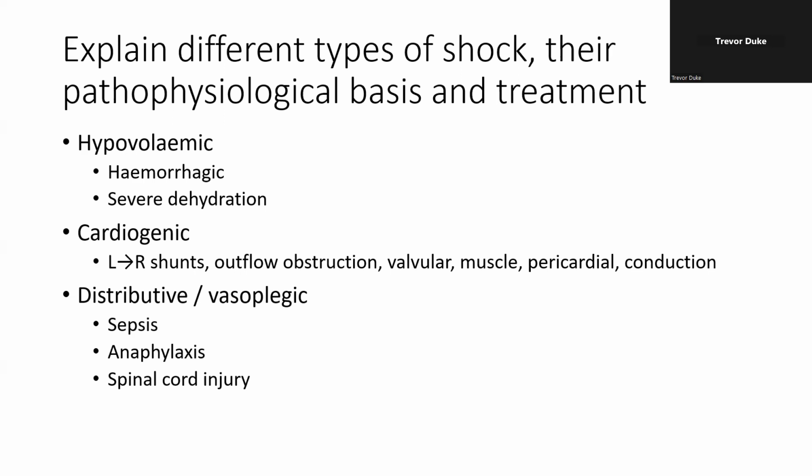And then lastly, as I said, there's broadly three different types of causes of a distributive or vasoplegic shock. And the third one is children who've got a spinal cord injury.